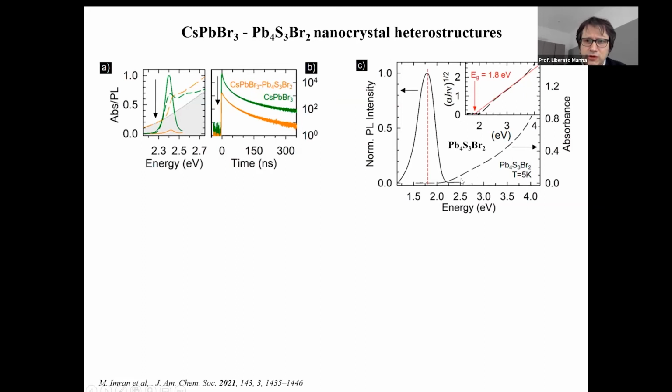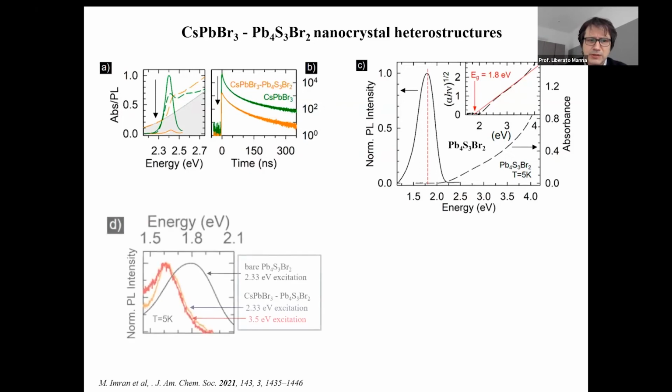You have to go to cryogenic temperature, and then you start seeing a bright emission at more or less 1.8 eV. Okay, so these are all fingerprints: very broad absorption, Stokes shifted emission only seen at low temperature. These are all fingerprints of emission from an indirect band gap material.